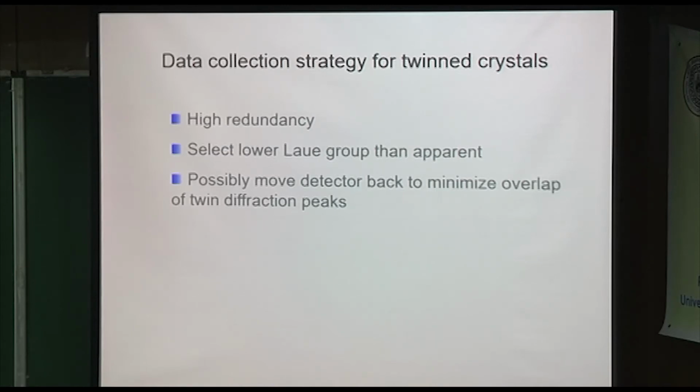Because the problem comes in these composite reflections where you've got a contribution from each twin. Figuring out which belongs to which is sometimes difficult. It wouldn't even be a bad idea sometimes to just select P1 so that you don't have to make a decision at that time about what's the correct space group. You can just say, okay, it's triclinic, I'm going to collect everything I can. So the strategy also is a factor.